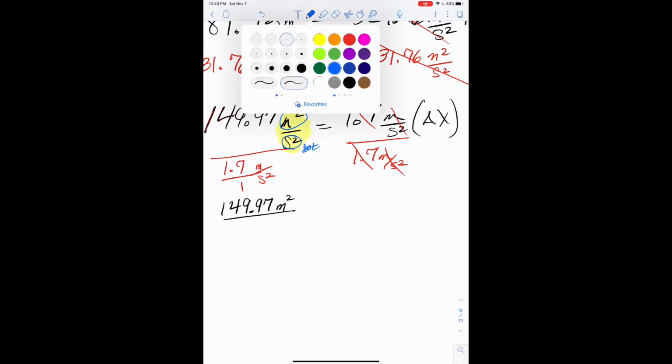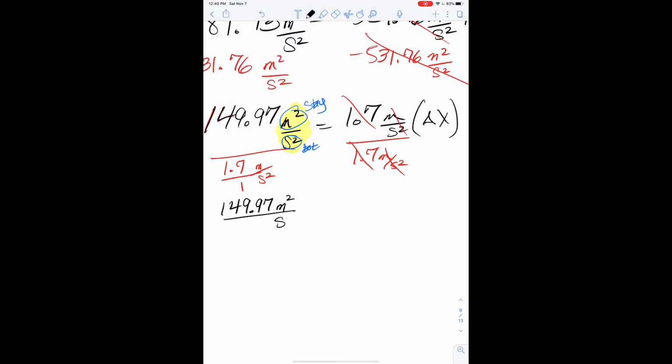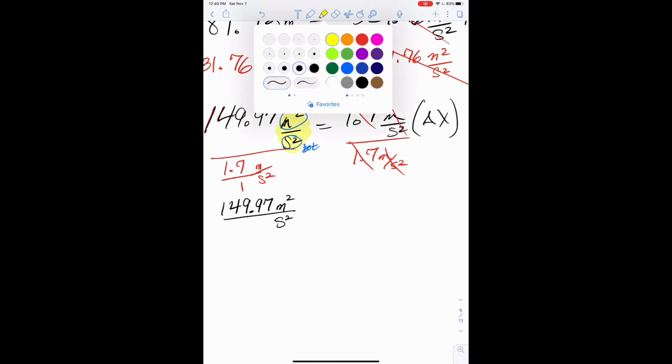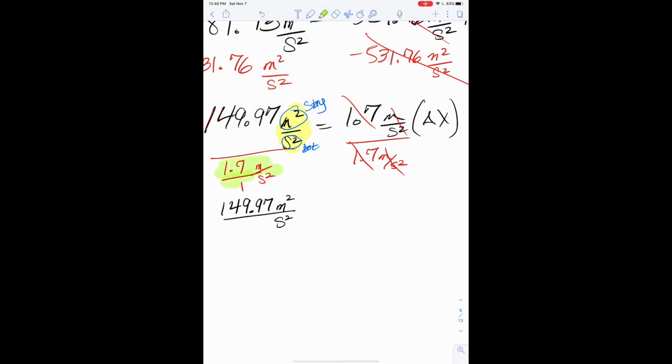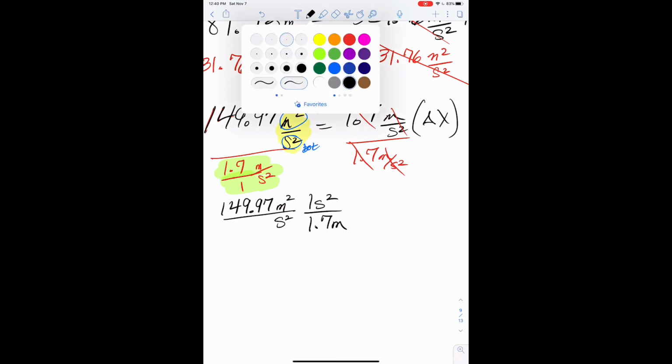So that's just for the top of the fraction. We haven't even looked at multiplying by the reciprocal yet. All right, so that's what it's going to look like right there. But now we're going to multiply by the reciprocal of the bottom. And so the bottom is this. The reciprocal of that would be 1 second squared over 1.7 meters.